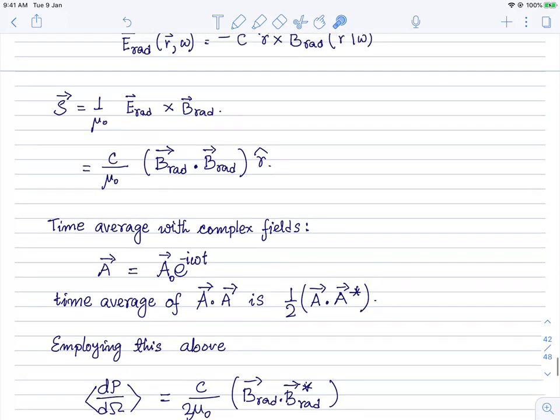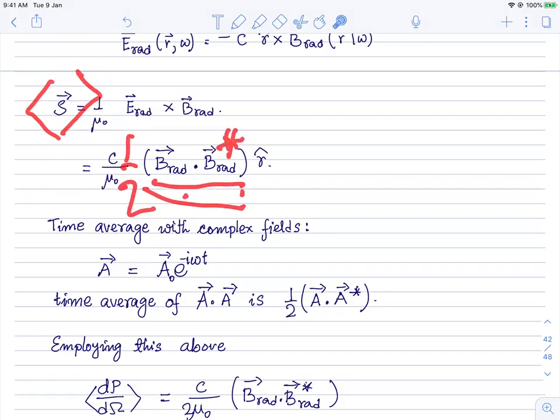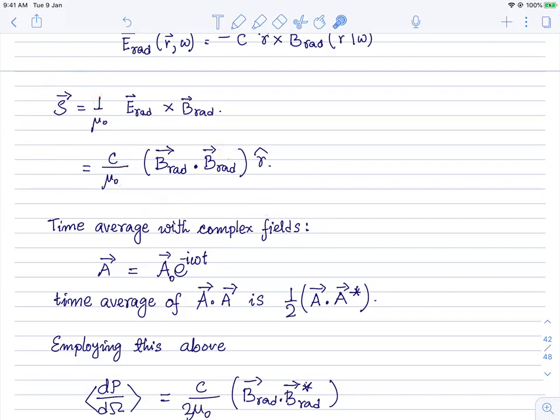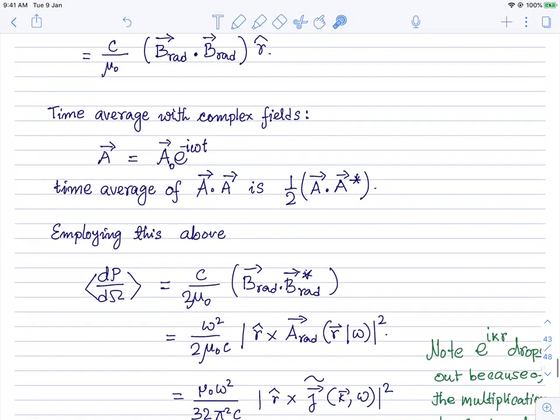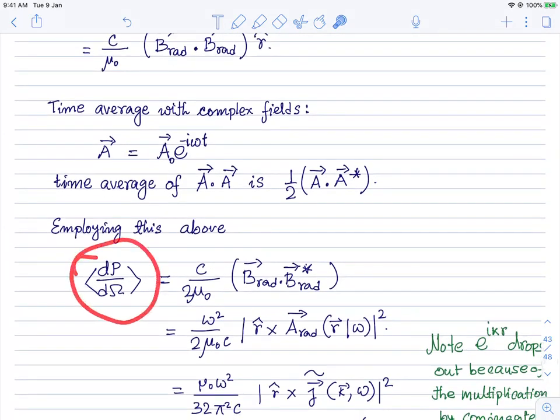So I can immediately do the time averaging if I agree that, instead of doing this dot this, I take A star and put in a factor of half. If I do that, then the power per unit solid angle is given by this factor of 2 here and B dot B star.